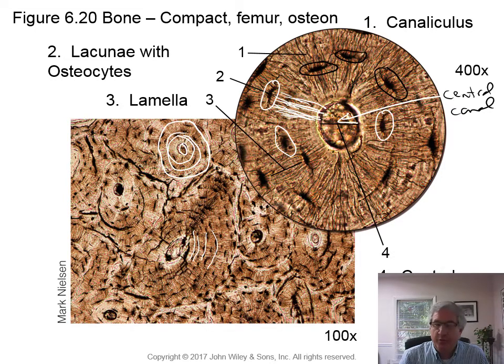Okay, so we'll get into that later on. Don't worry about it. For this class, it's just enough to know that when you see this, this is compact bone. Okay, so that's what compact bone looks like under the microscope. This top one up here is magnified 400 times. So this is a 400x magnification. Okay, next slide.